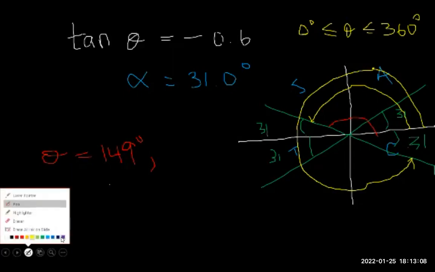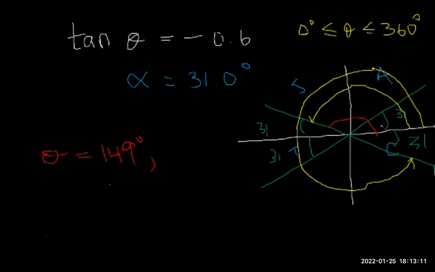What's this big value? 329 degrees. Where did you get that? I subtracted 31 degrees from a revolution, which is 360 degrees, and that gives me 329 degrees.